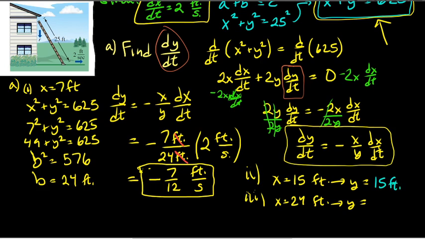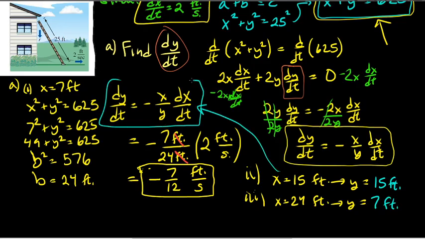And if x is 24, well, just reverse it. y has to be 7 feet. So now you just plug these numbers into the same equation here. So you should definitely do that, and I think you get 3 different answers here.